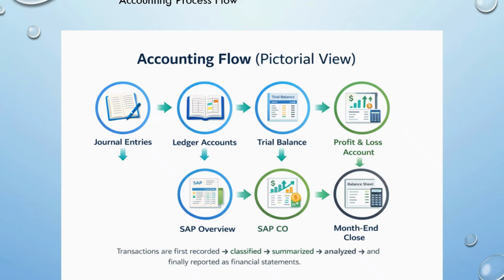Then we make adjustment entries to reconcile between your profit and loss account and balance sheet, whether intercompany or intracompany adjustments, and then accrual entries, outstanding entries, and deferral entries. These are all the activities that happen in SAP CO and SAP FI also. The transactions are recorded first, classified, summarized, analyzed, and finally reported as a financial statement.